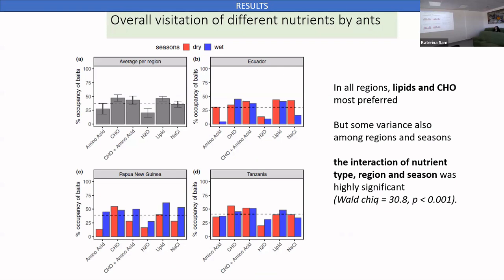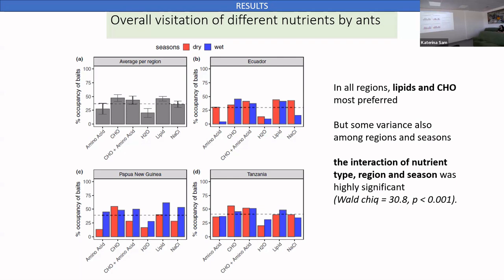If you look at the nutrients, you can first ignore elevation for simplicity, as some other studies did, and look only at proportional occupancy of baits. And from that, we got a common pattern across all mountains that everywhere on average, lipids and carbohydrates were the most preferred nutrients, and the others much less. But once you look also at some variance between the regions and especially between seasons, you start to see quite big differences.